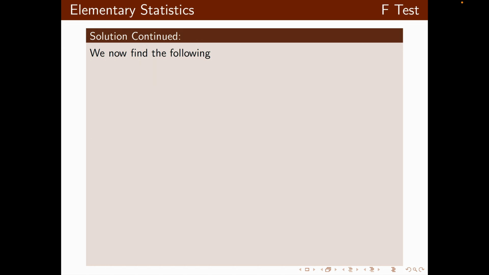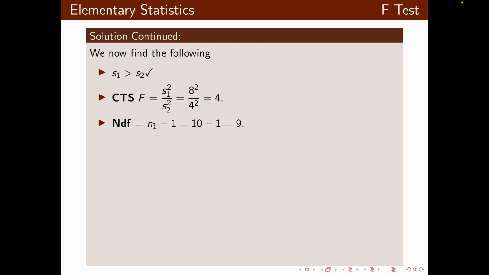Now let's do the following. We make sure that S1 is greater than S2. We find the CTSF. After the calculation, the CTSF is 4. We find the numerator degrees of freedom, N1 minus 1, the answer is 9.